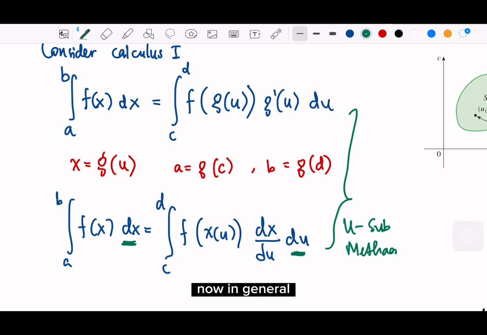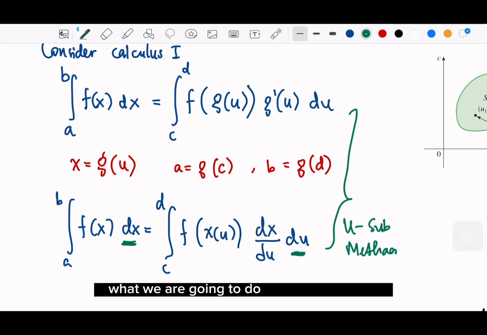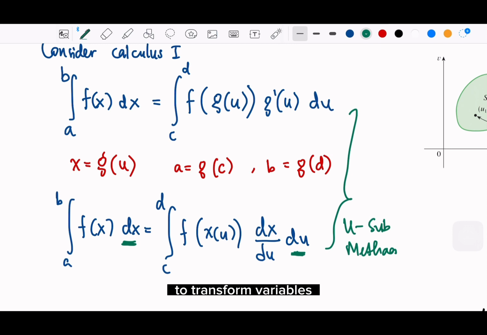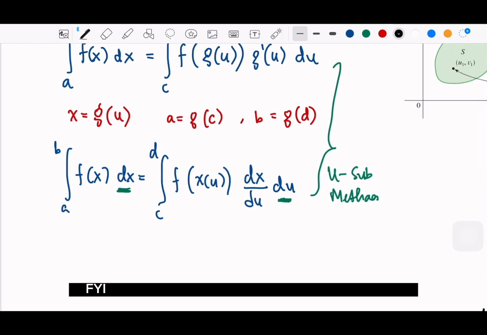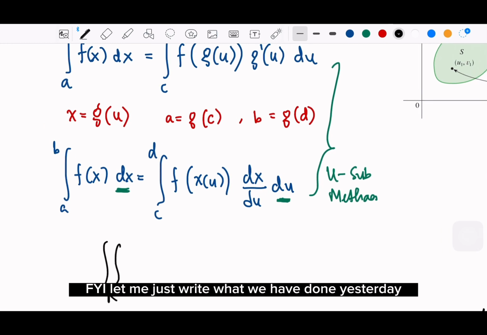Now in general, what we are going to do in our next lecture is see some general rules to transform variables. For example, any variables, maybe x, y, and then we have some transformations into another variable. For example, we did in the last session from Cartesian to polar, right? Just FYI, let me write what we did yesterday.